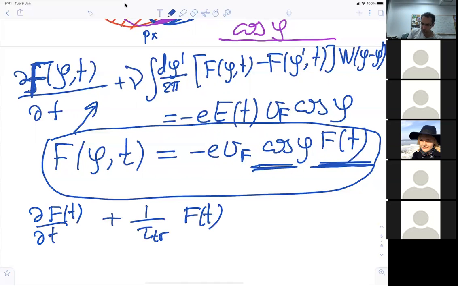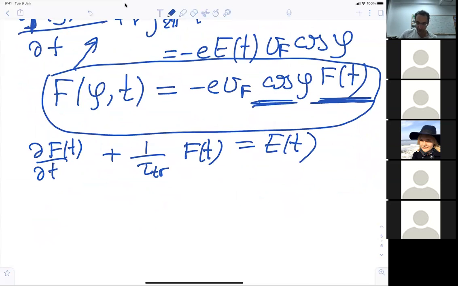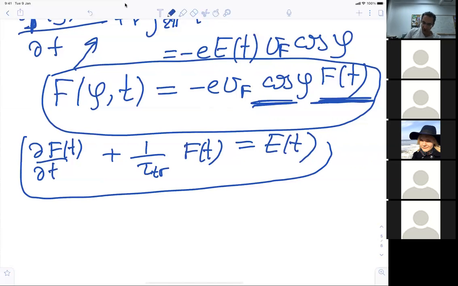I'm only keeping this part, is equal to the electric field as a function of time. I canceled all the parts which are proportional to electric field and cosine phi. So this is just the equation for the time-dependent part of the distribution function.